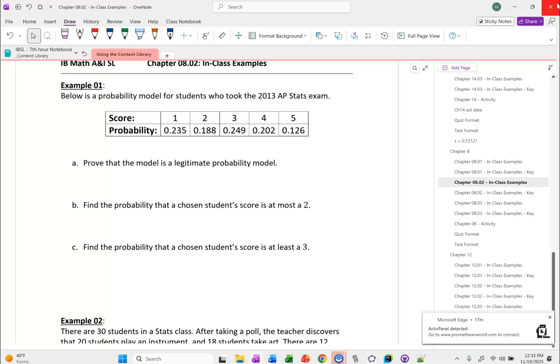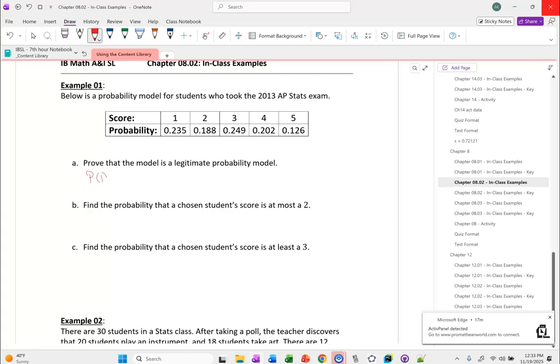We need to find out the most common score maybe? Nope. Jackson, you want to help him out? Yeah, the probability has to add up to 1 for all the different outcomes.